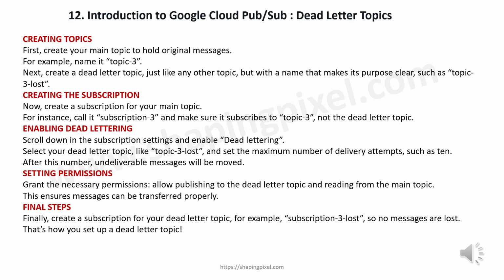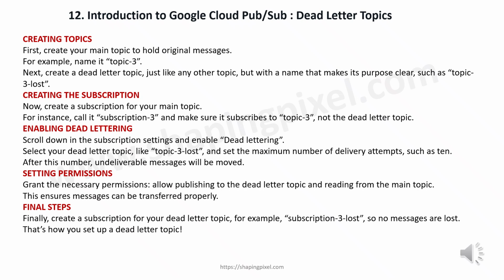For instance, call it Subscription 3 and make sure it subscribes to Topic 3, not the dead letter topic. Scroll down in the subscription settings and enable dead lettering. Select your dead letter topic, like Topic 3-Lost, and set the maximum number of delivery attempts, such as 10. After this number, undeliverable messages will be moved.